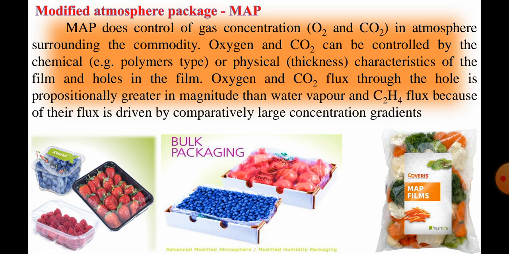In modified atmospheric packaging, different films are available for MAP. MAP means modified atmospheric packaging. These include low density polyethylene, high density polyethylene, polyethylene cast and oriented, rigid PVC, and ethylene vinyl acetate.